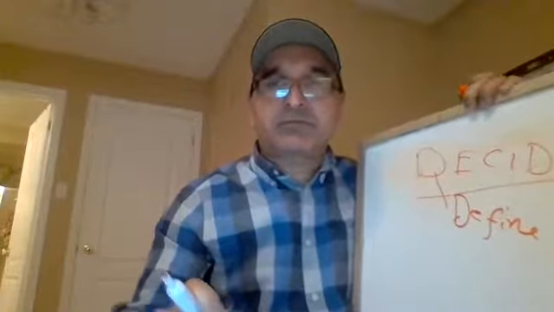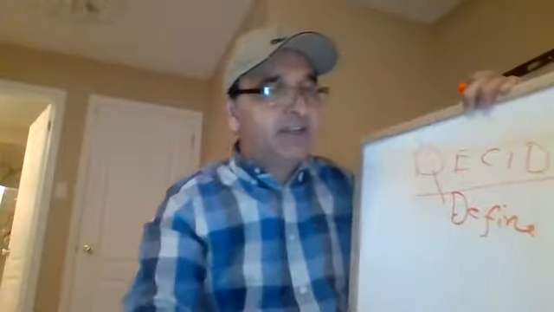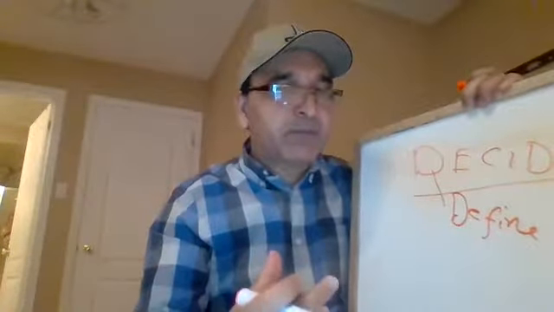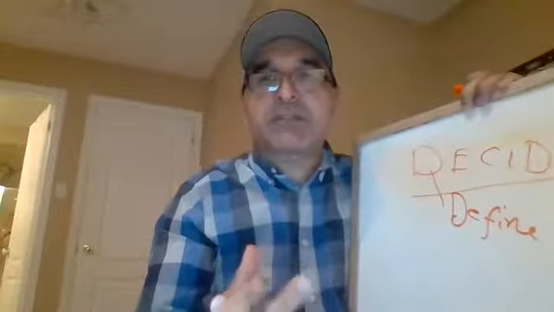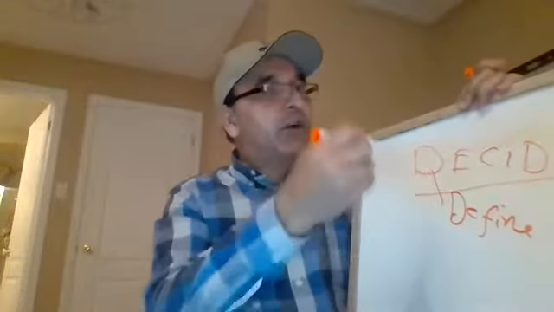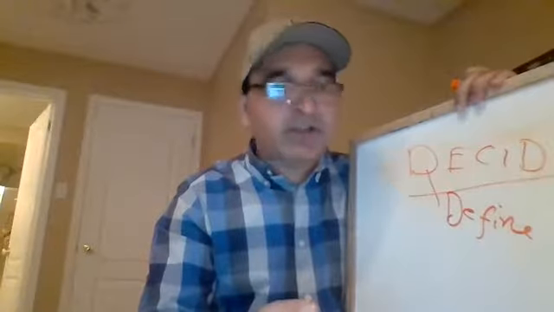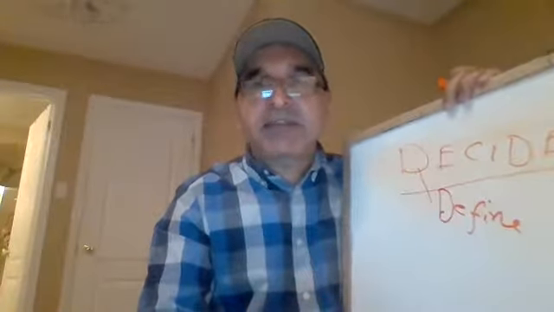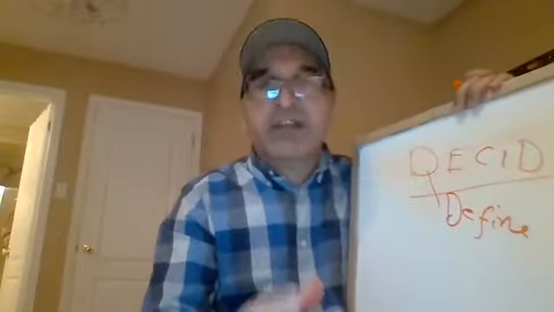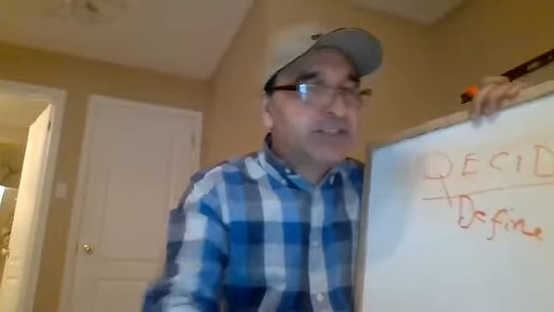First, we have to define the limits, where the problem starts. For example, you have to choose your optional subjects in an examination. So you start: where is the problem? Are you interested in science or art? You are interested in history, management. You are interested in philosophy, psychology. Where is the problem? So you first define your problem.